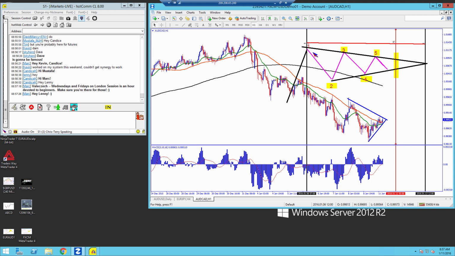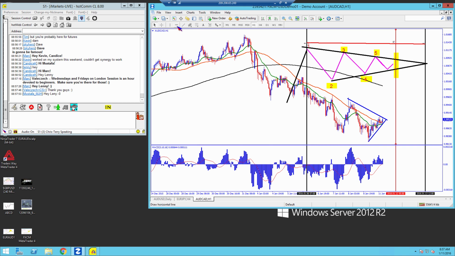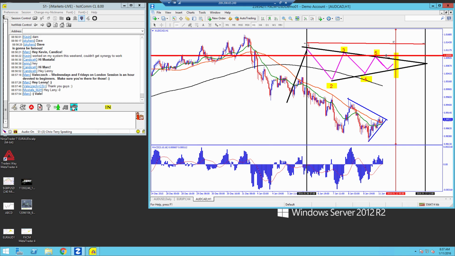When you're looking at a symmetrical triangle, you're looking for a breakout point, at this point and this point. You have 1, 2, 3, 4, 5, and then it's going to chop, and then you're looking for a breakout.